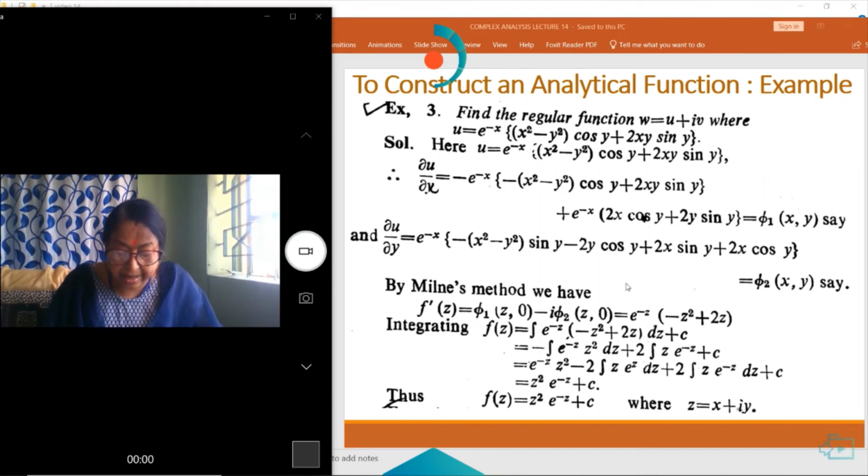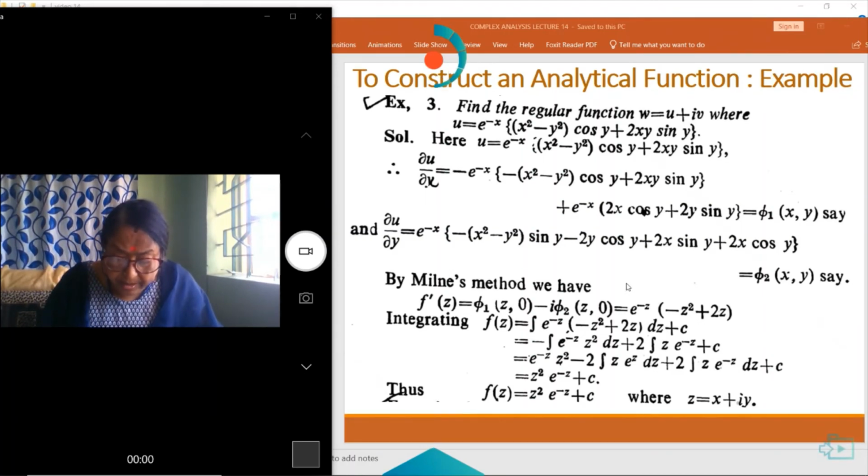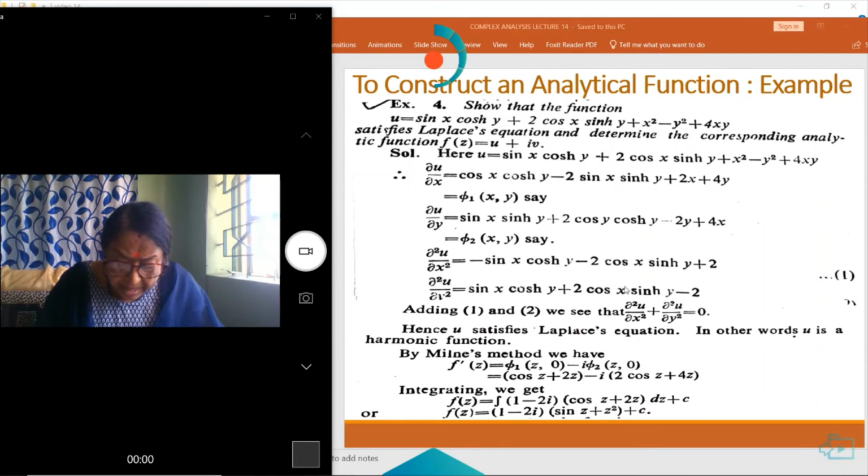Now I am explaining the fourth one. u is given. Find ∂u/∂x and ∂u/∂y and call the first phi 1(x, y) and the second phi 2(x, y).